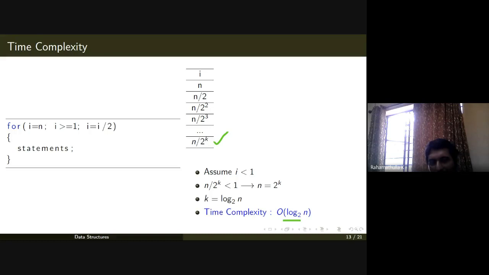So you can take it as a formula: if your index variable in a for loop, a while loop or any iterative statement is getting multiplied by 2 or divided by 2, the complexity of the number of statements inside that iterative statement will be log to the base 2 of n. What if it is getting divided by 3 or multiplied by 3? Then log to the base 3 of n will be your complexity.